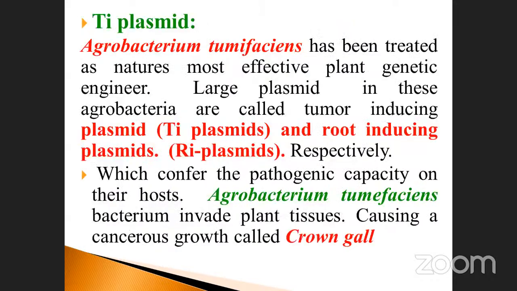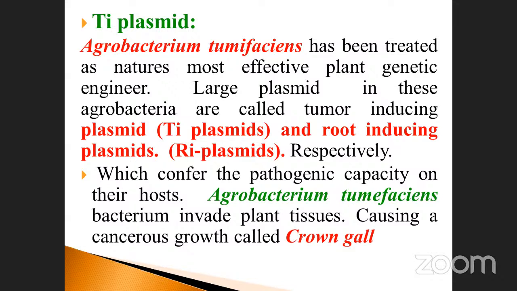For the next one, Ti plasmids. It is another one. Already we studied the types of plasmids, and we discussed the general outline only. Okay. Now we will study the Ti plasmids. Already I told you, I already told the answers also. Tumor inducing plasmids, simply called Ti plasmids, is nothing but the tumor inducing plasmids.